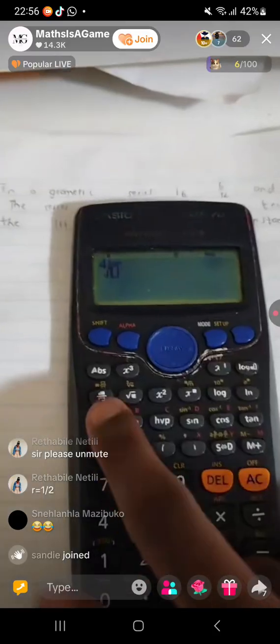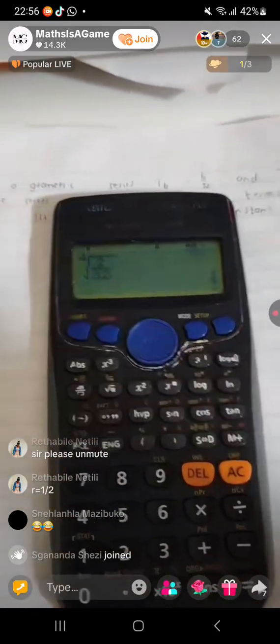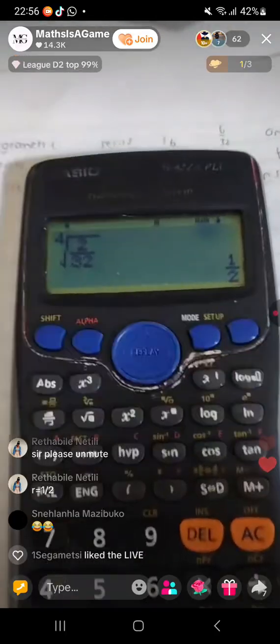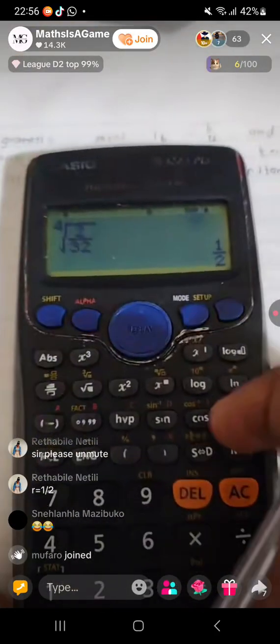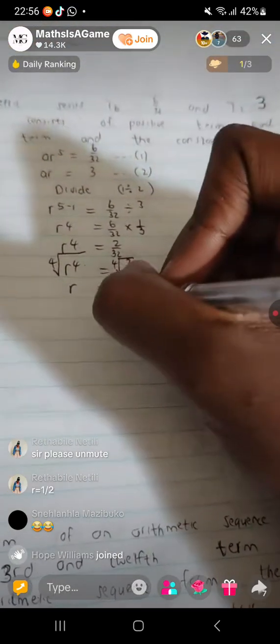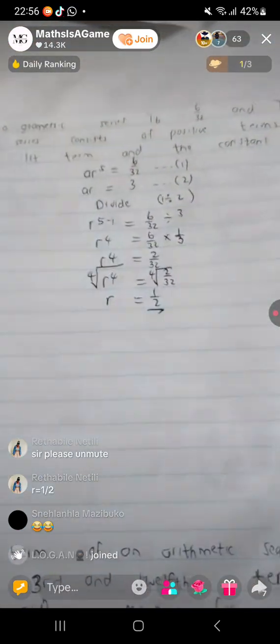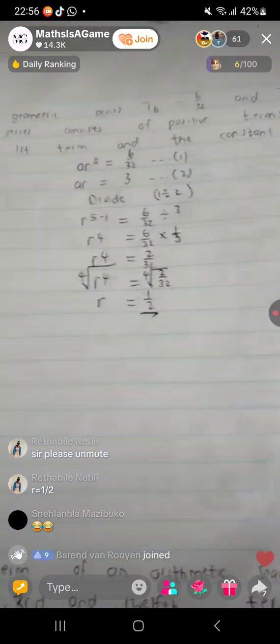Then we come inside, we write 2 over 32. Yes, r is equal to a half. Ritabile, you are 100% correct there. It's a half, my dear. r is equal to a half. Okay, simple, straightforward, just like that.